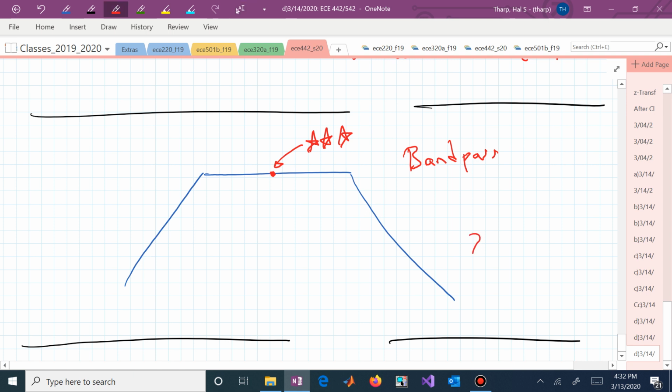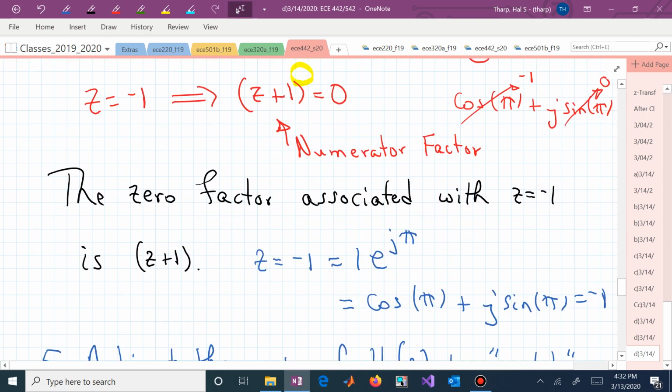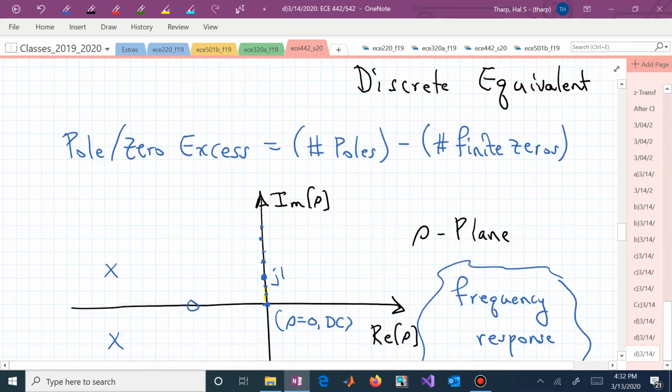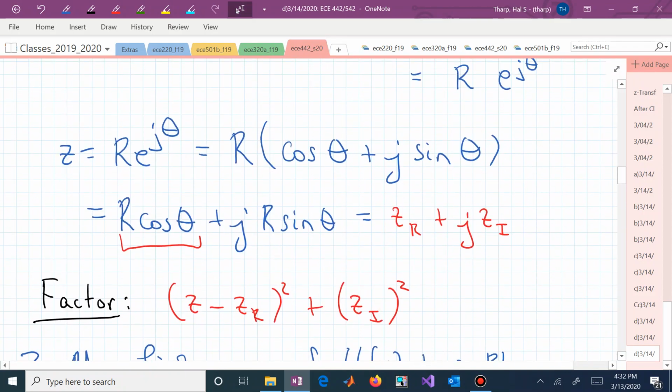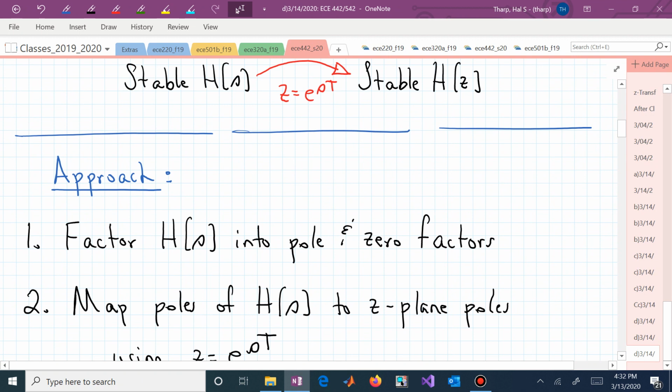You now use the relationship z is equal to e to the sT and match the appropriate value of z with that H of s value at the frequency in the pass band of your bandpass filter. And that hopefully now provides you with a strategy of 5 steps to do a pole zero matching or a pole zero mapping to go from an H of s into an H of z.